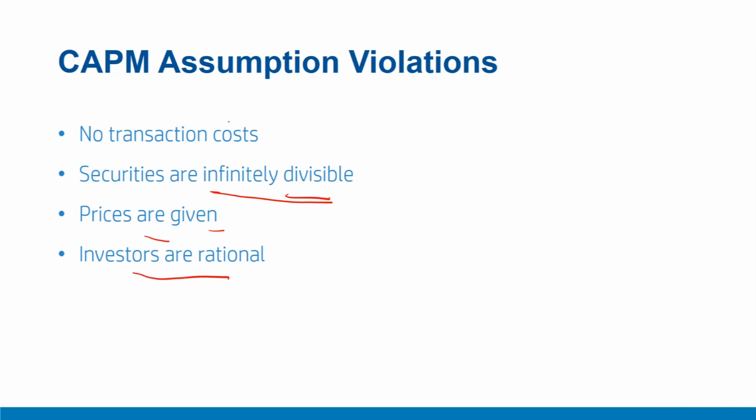Investors are rational. CAPM assumes that investors are rational. They factor in all the available information, process it, and based on their expected risk and return framework, they take their trading decisions. They do not like risk, and if a security is risky, they demand a high return premium for that risk as compensation.